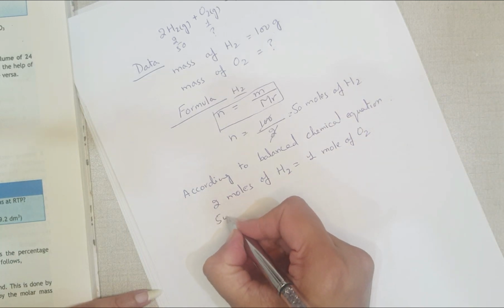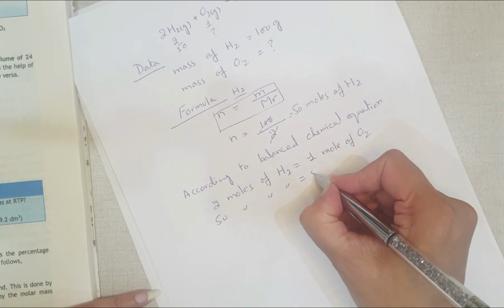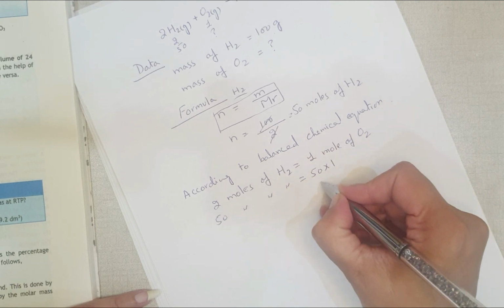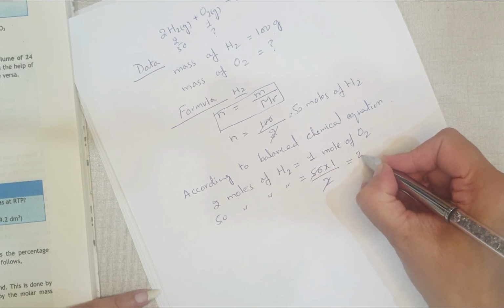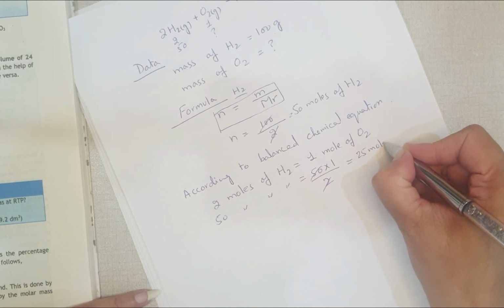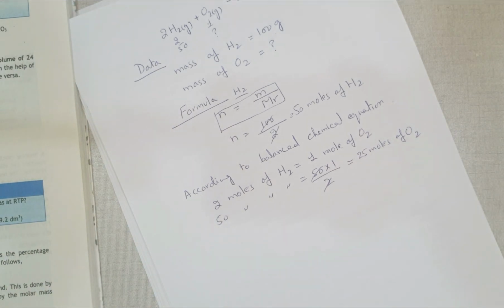So for 50 moles of hydrogen we will require 50 into 1 divided by 2 moles of oxygen. So the answer is 25 moles of oxygen. So we have calculated the number of moles of oxygen that will be required to burn 50 moles of hydrogen.